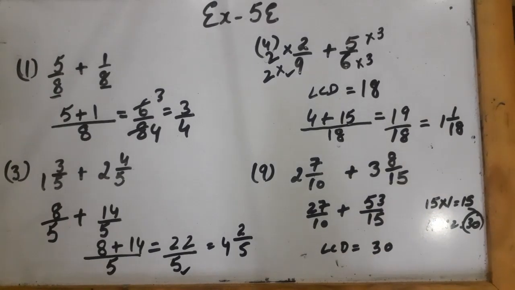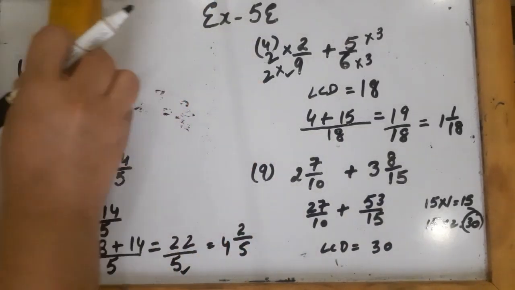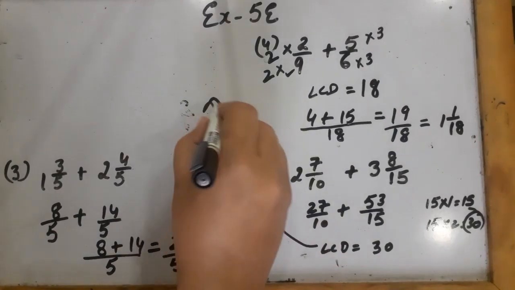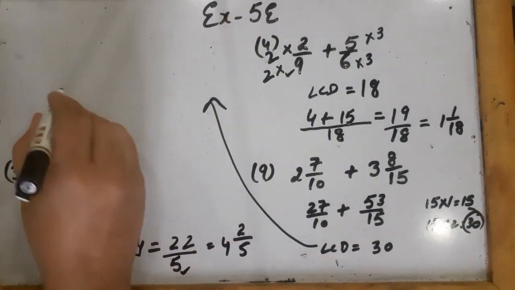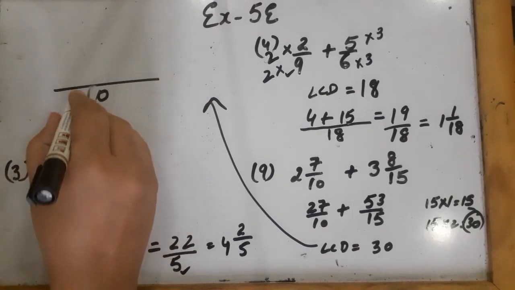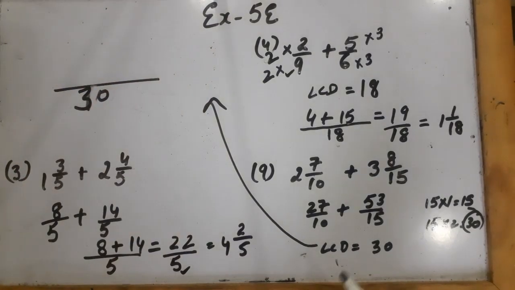Now what I have to do? I have to convert both these fractions with denominator 30. So let me do this here. Both the fractions will have the denominator 30. Now if I have got a new denominator, it means I will have to change the numerators also, but I cannot change just like this. I have to see how the numerator also will get changed.